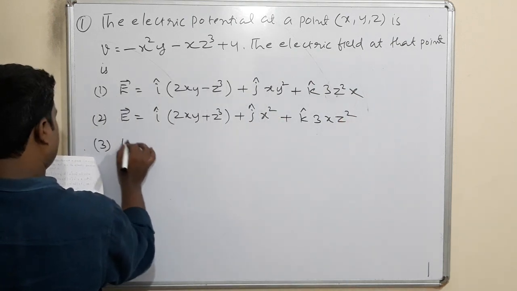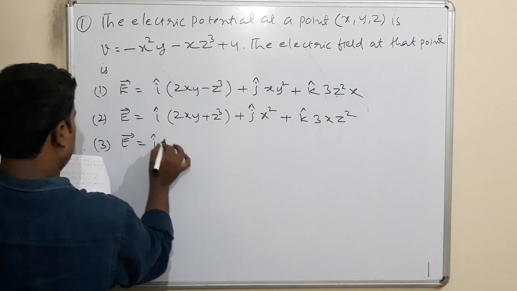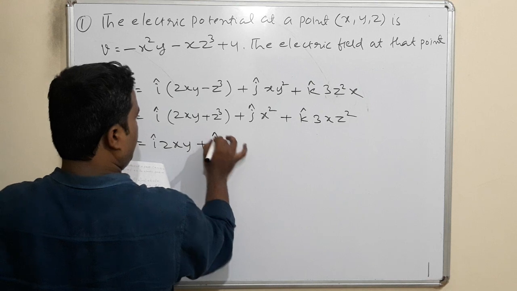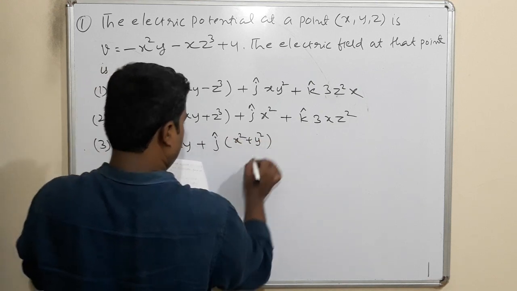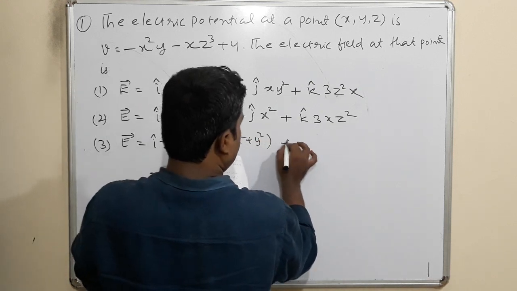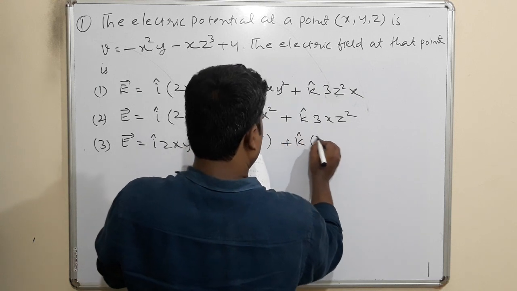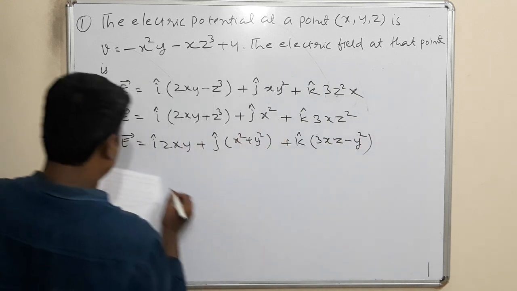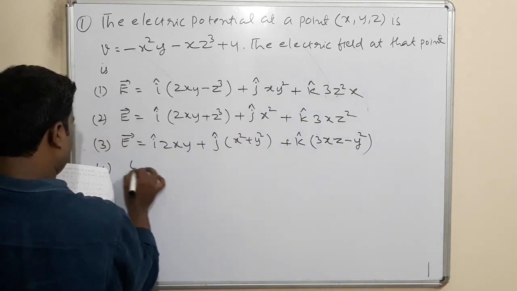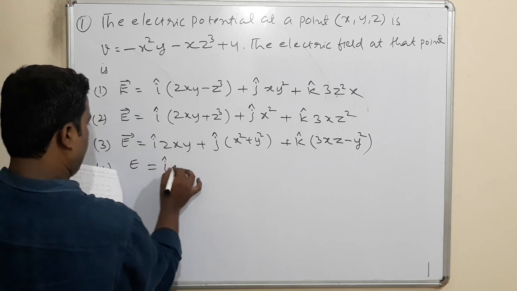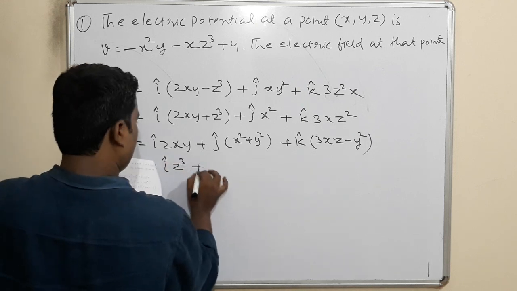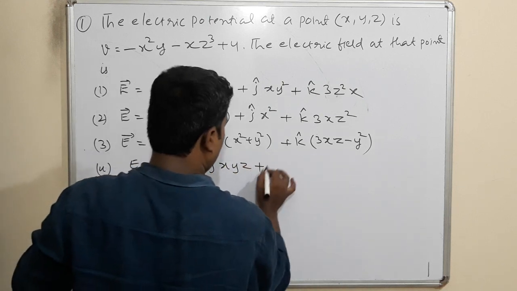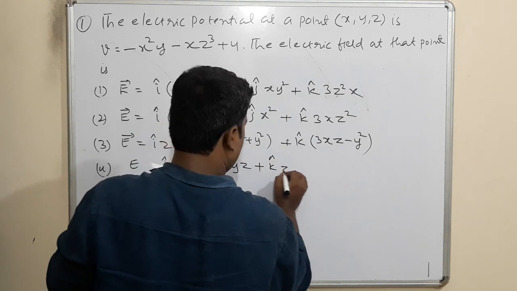Third option is given like this: E is equal to i cap 2xy plus j cap (x square plus y square) plus k cap (3xz minus y square). Option number 4 is like this: E is equal to i cap z cube plus j cap xyz plus k cap z square.